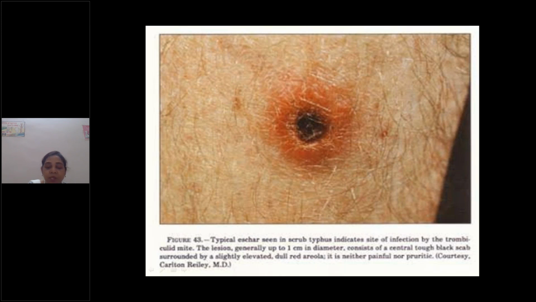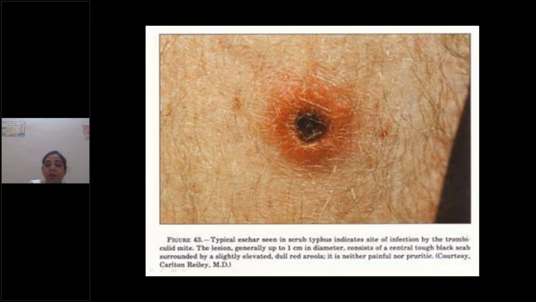Okay, the typical eschar seen in scrub typhus indicates the site of infection by the mite, and the lesion is generally up to 1 centimeter in diameter and consists of a central black scar surrounded by slightly elevated red margins.